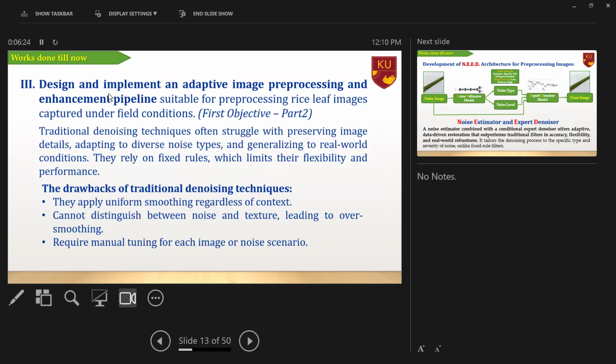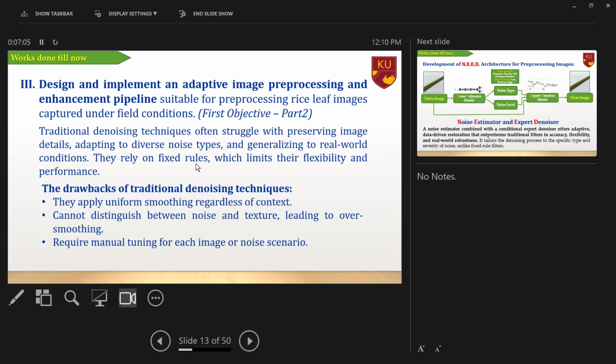Here we have the traditional method of image pre-processing or image denoising. We have seen some problems. The traditional denoising techniques often struggle with preserving image details, adapting to diverse noise types, and generalizing to real-world conditions. So for this problem, we took help from some deep learning methods to first estimate the noise.